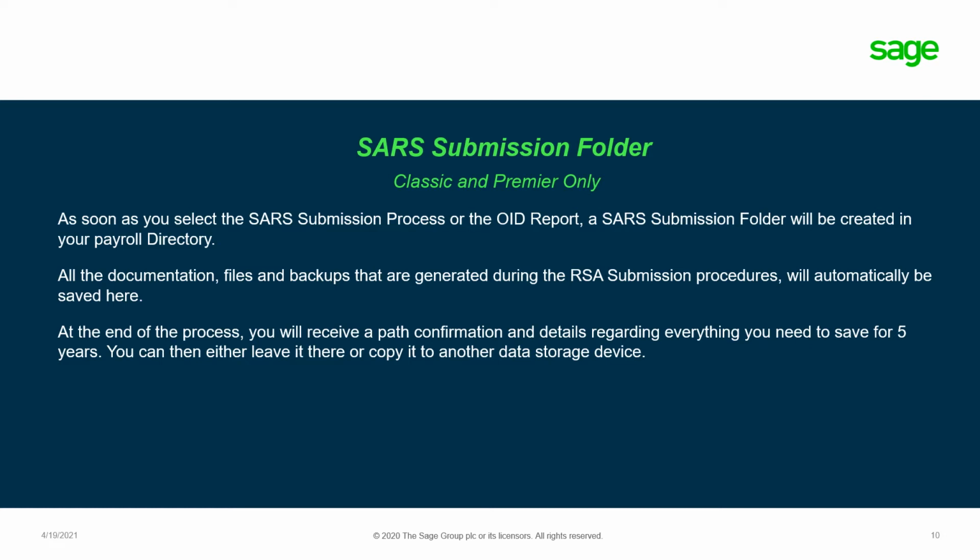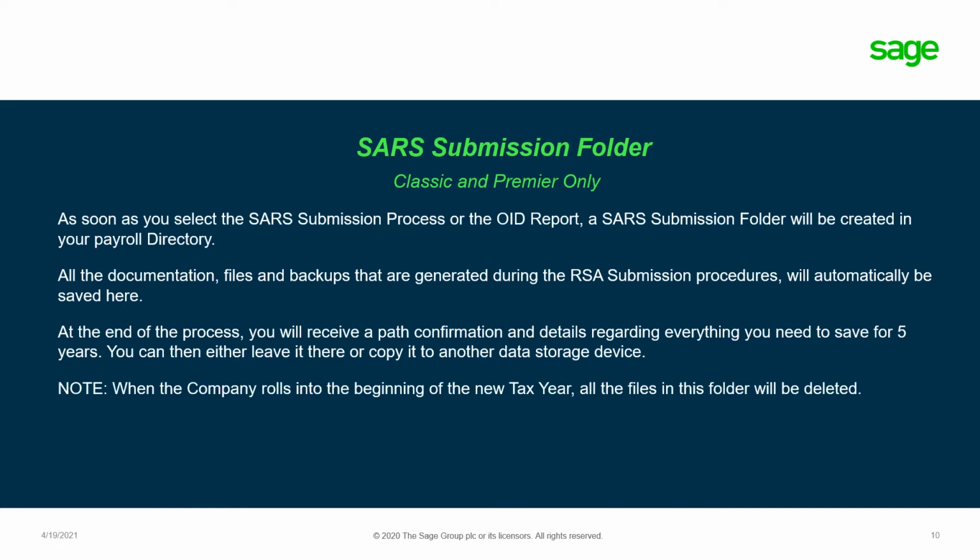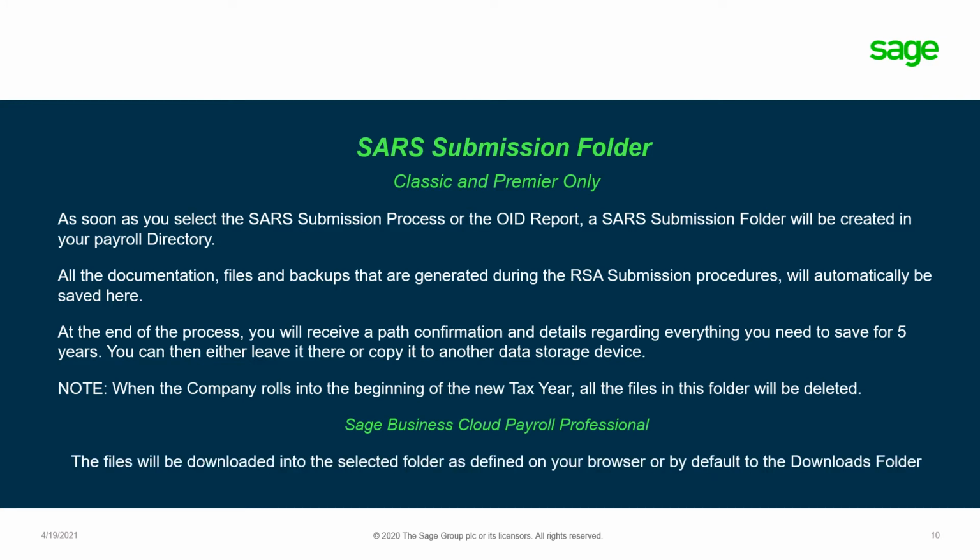You can then either leave it here or copy it to another data storage device. When a company rolls into the beginning of a new tax year, all the files in this folder will be deleted. Please take note not to roll over your copy system or tax year end instance. For Sage Business Cloud Payroll Professional, the files will be downloaded into the selected folder as defined on your browser or by default to the Downloads folder.